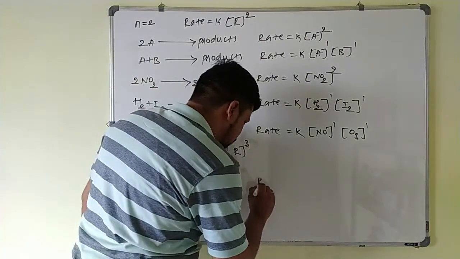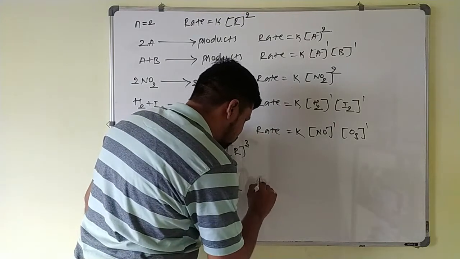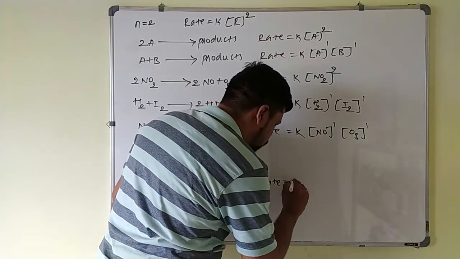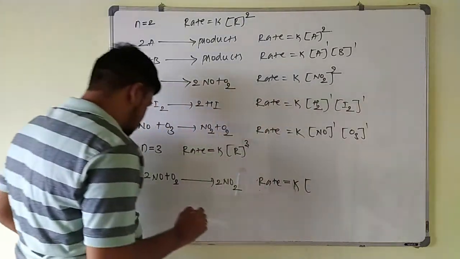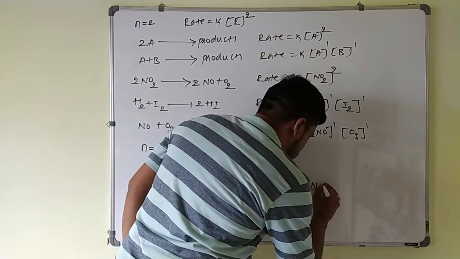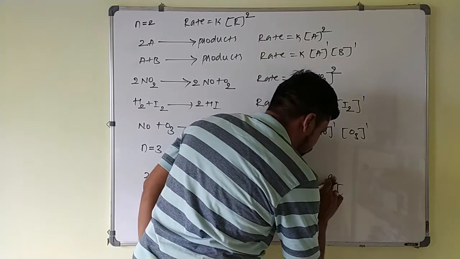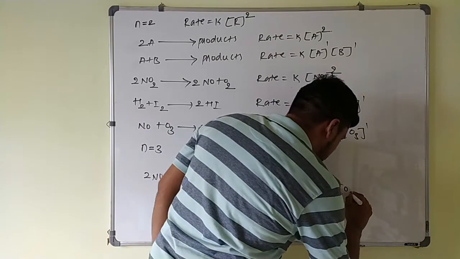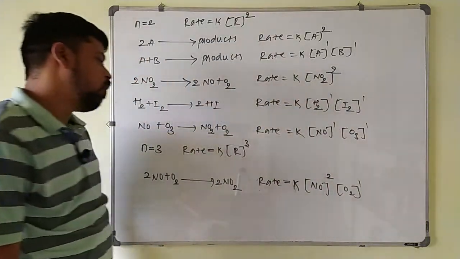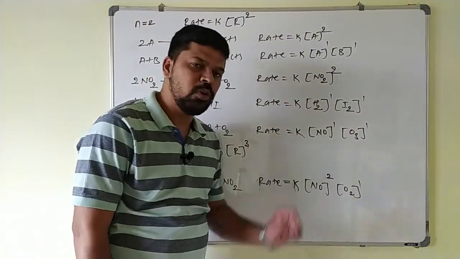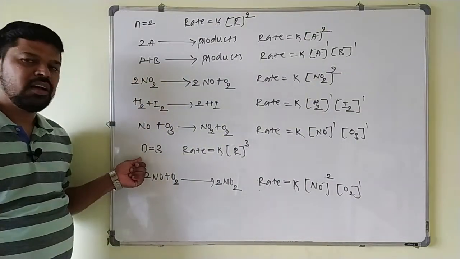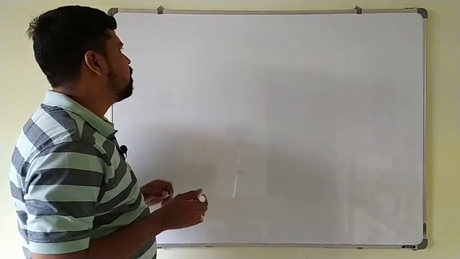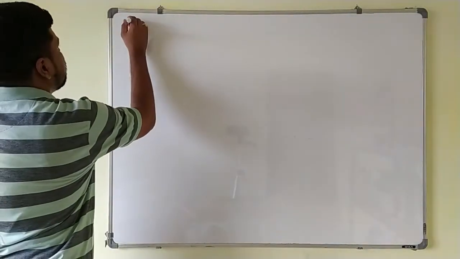For this one, experimentally determined rate equation is rate is equal to K into concentration of NO power 2 and concentration of O2 power 1 here, so that the total sum will be equal to 3. It falls under order of reaction, that is 3 here. Next one. So now we will write an example for fractional order reaction.